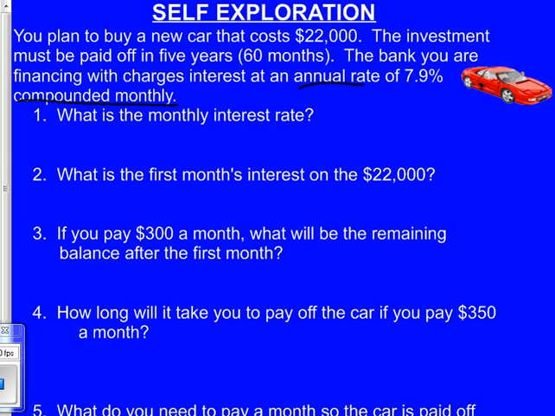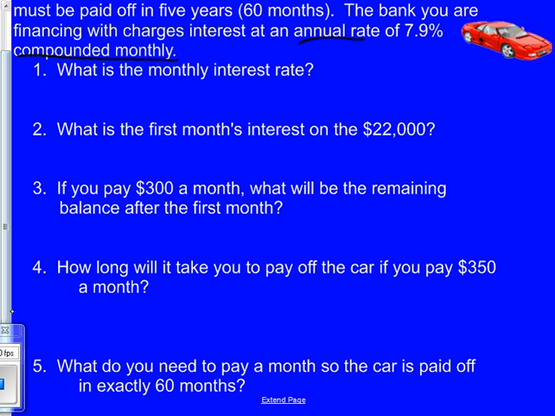Let's do the first 3, and then we'll skip 4, because tomorrow we're going to introduce you to a new app on your graphing calculator that allows you to more quickly find things like that. So let's just do our first 3 pieces here. Everybody take a second and do that, and I'm going to pause the video here.